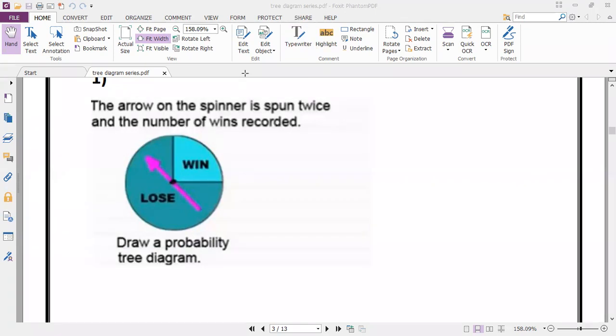So look at the spinner. Look at this angle, it's 90. And the loss is 270. So for the first spin, we might get what? Win and lose. We call it not winning, W dash. So what is the probability of winning? P(W) equals what?